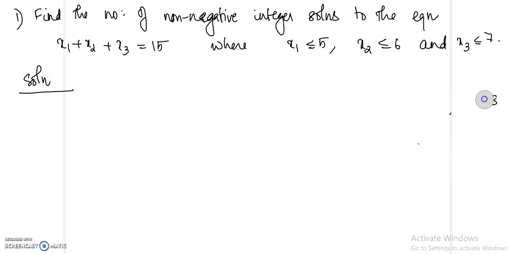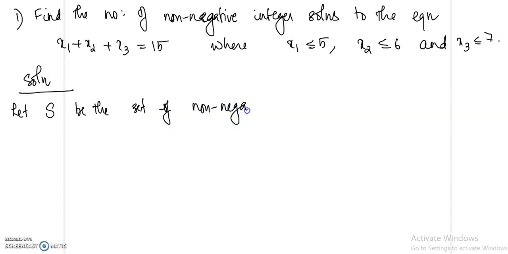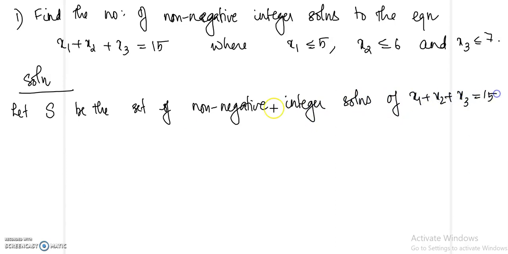So let us write that much. Let S be the universal set in this case. Let S be the set of non-negative integer solutions of x1 plus x2 plus x3 equal to 50.